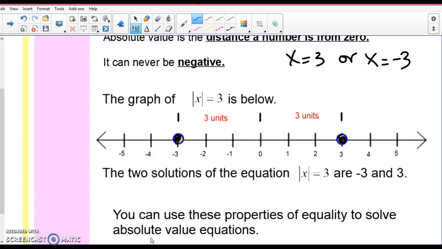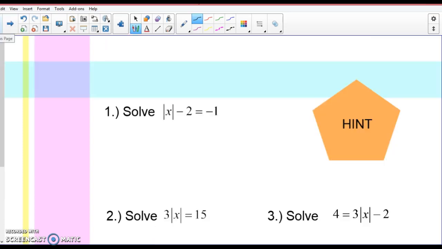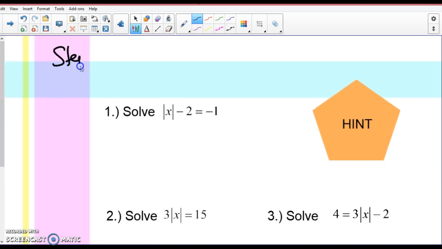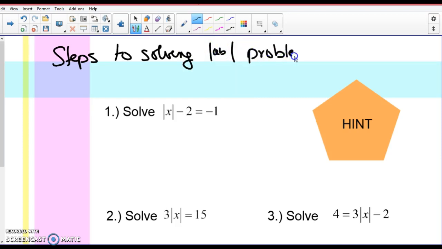All right. Now, steps to solving absolute value problems. Step 1, isolate the absolute value.